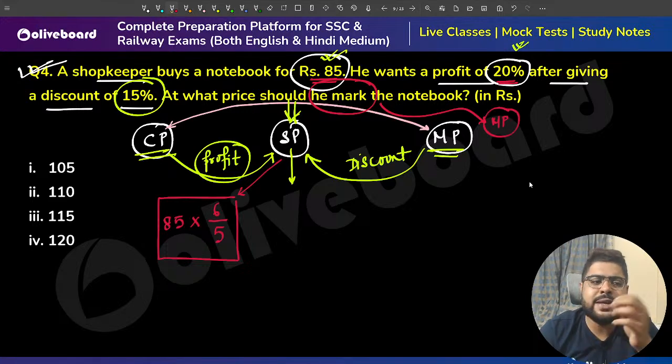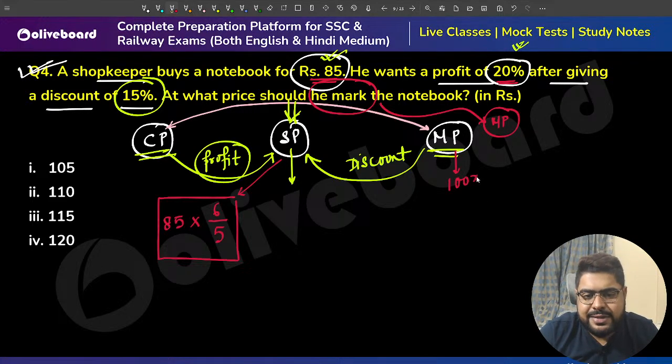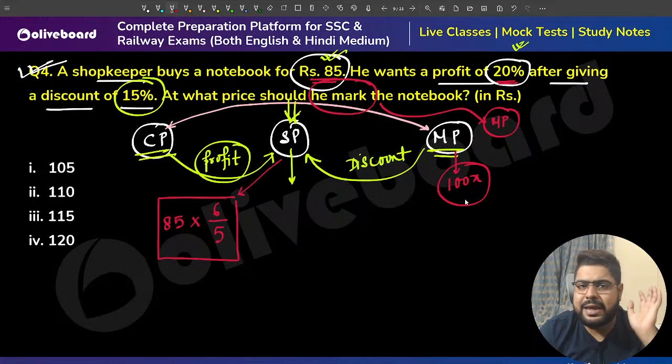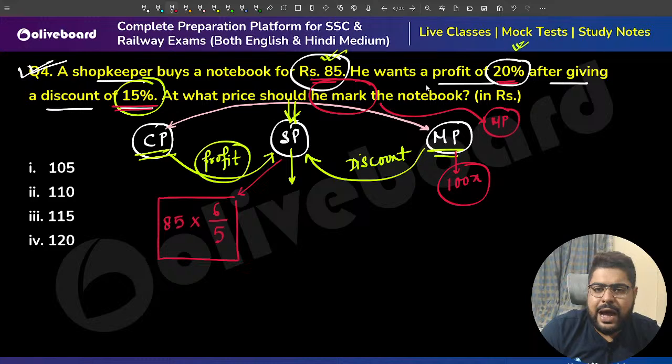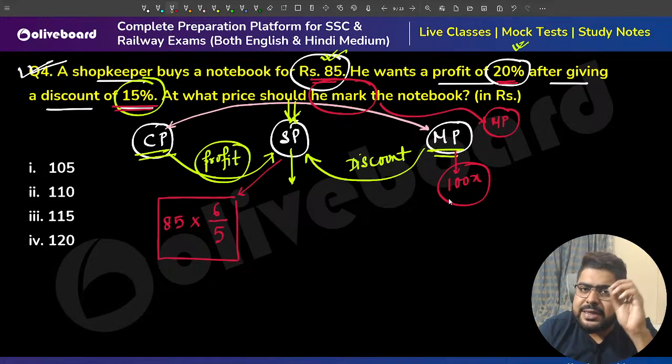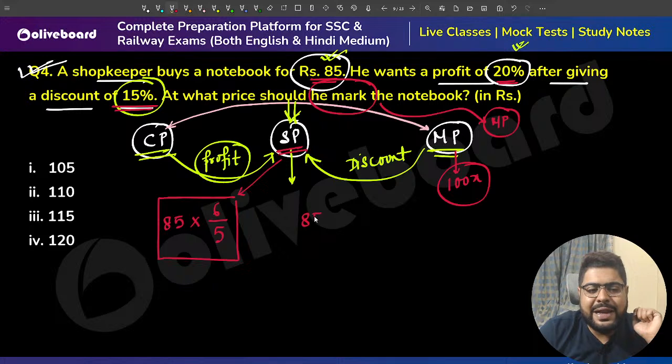I do not know the markup, so I am taking the markup to be 100x, because it is a percentage. Now, what if he gives a discount of 15%? What will be the SP? It will be 85.